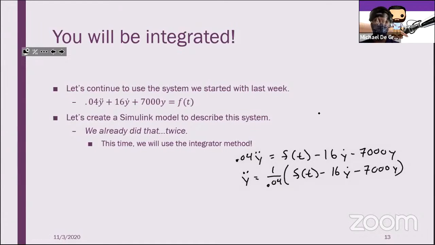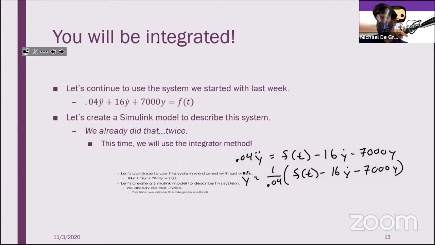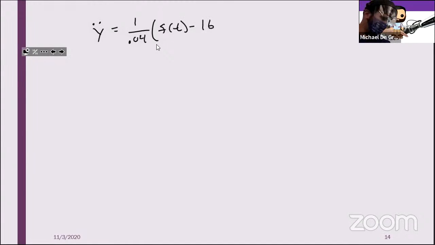So how do I do that? Let's rewrite the equation, right? Y double dot is equal to 1 over 0.04 times f of t minus 16 times y dot minus 7,000 times y.